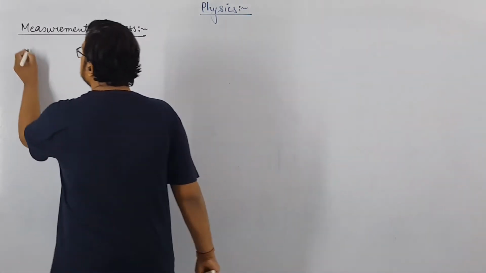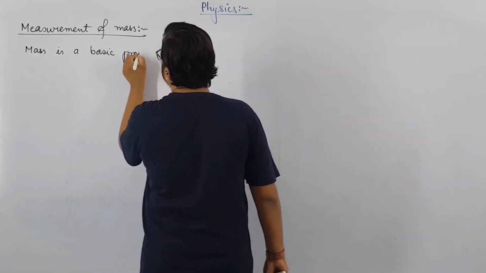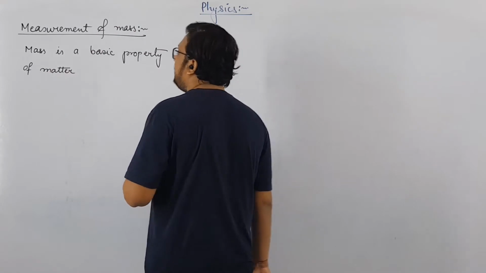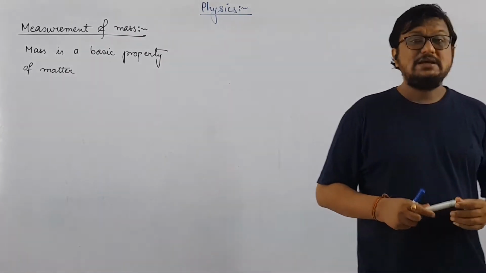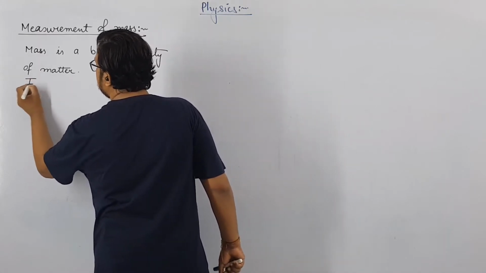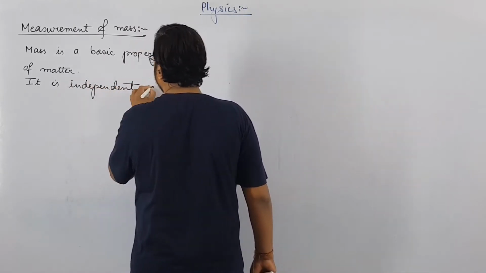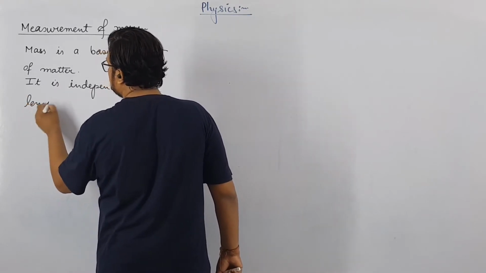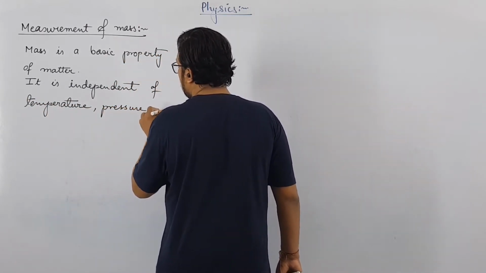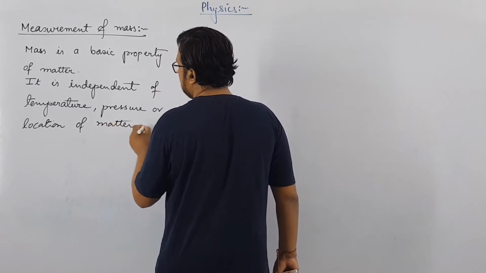So what is mass? Mass is a basic property of matter, and it does not depend on external parameters such as temperature, pressure, or location of matter in space.